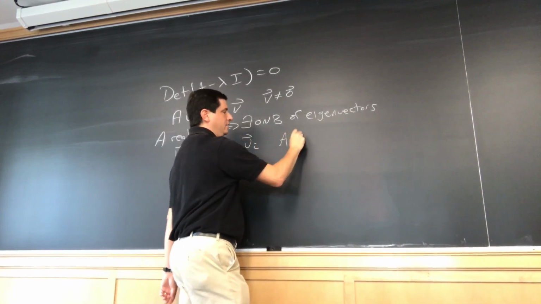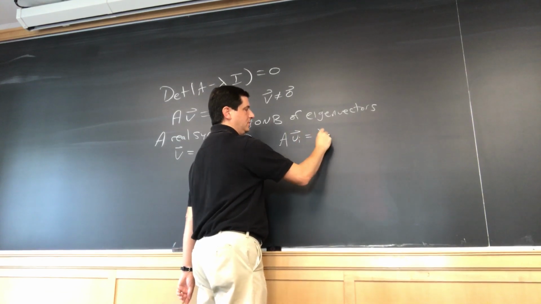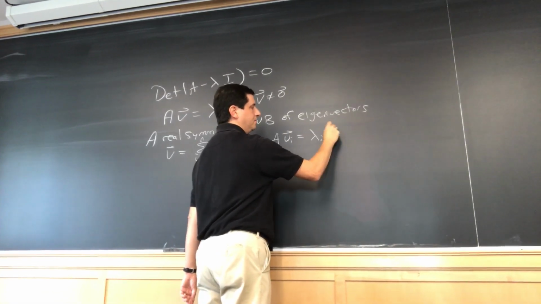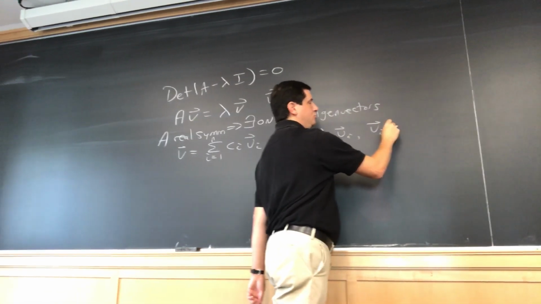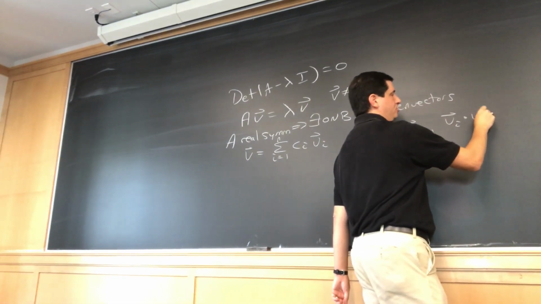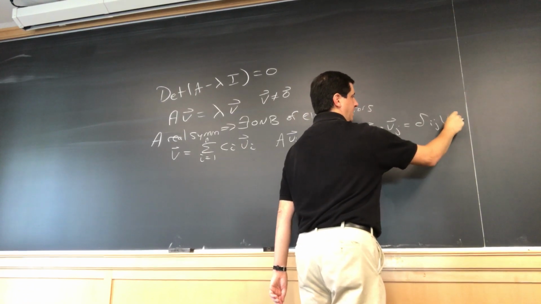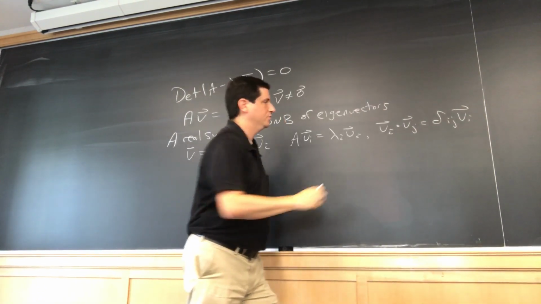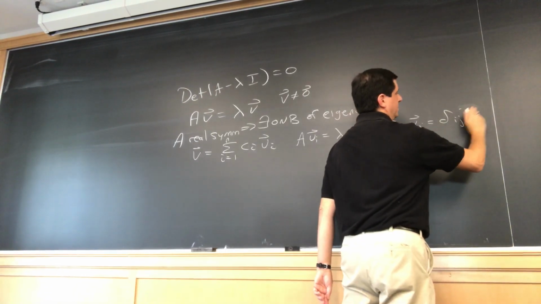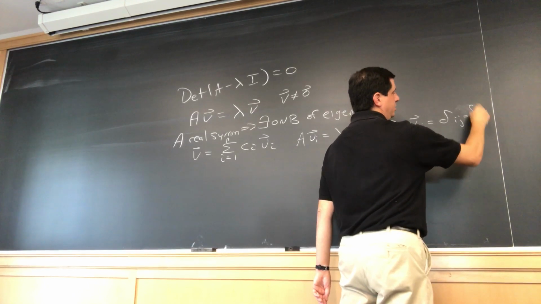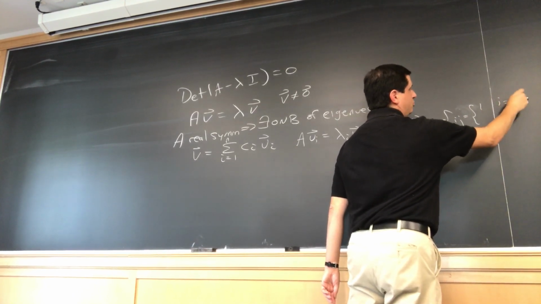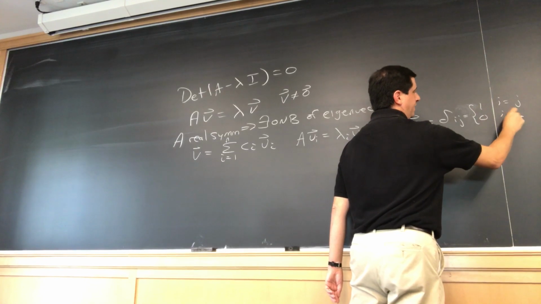And A of vi is equal to lambda i vi. And vi dotted with vj is delta ij. Delta ij. So this is beautiful notation. It's 1 if i equals j, 0 if i does not equal j.